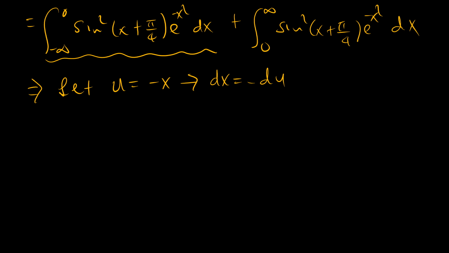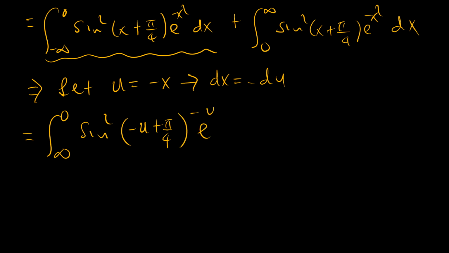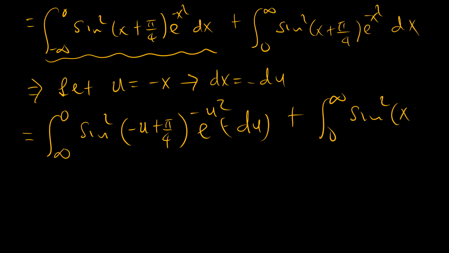And then what that means is that we have positive infinity to 0 of sine squared of (negative u plus pi over 4) e to the minus u squared negative du, plus 0 to infinity, and we keep the second one, we'll just keep x as it is, like that.